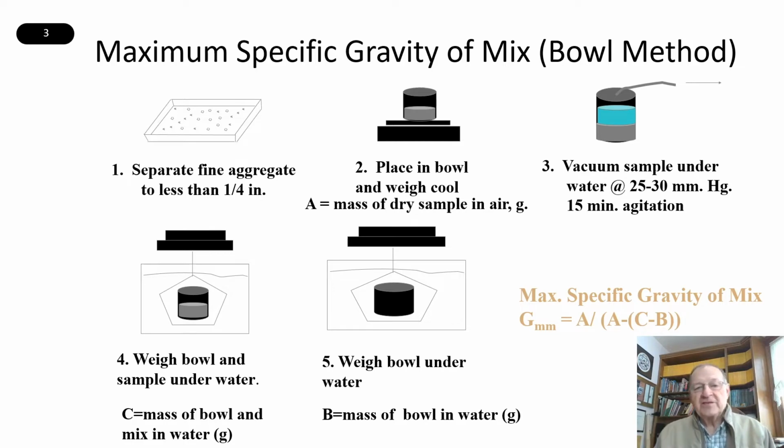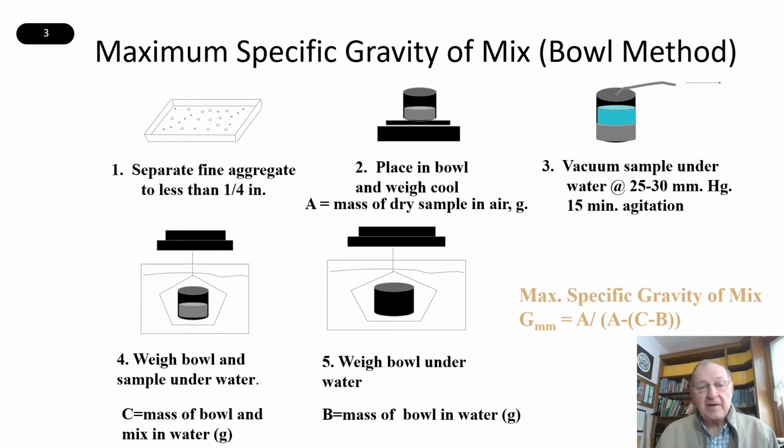We're going to place them in a bowl and weigh them. That gives us the weight of the dry sample in air. Then we will cover the sample with water and place it under vacuum for 15 minutes with agitation.